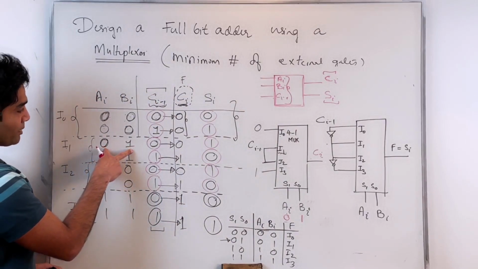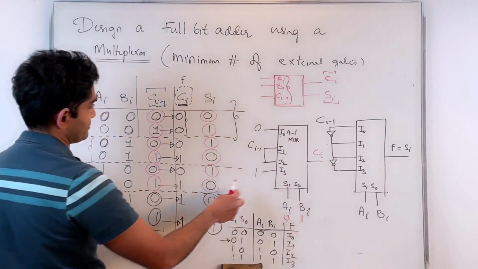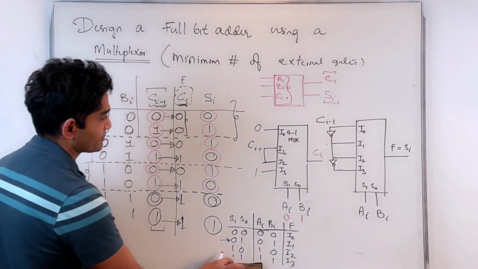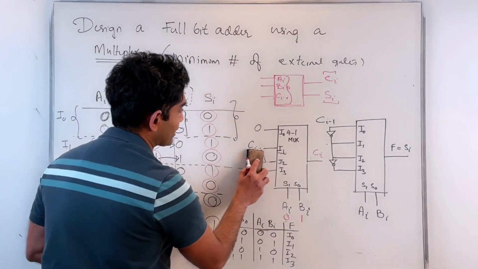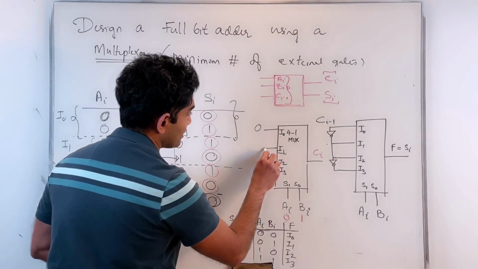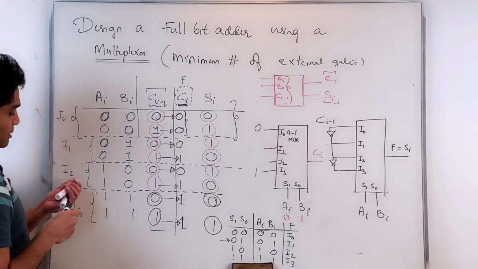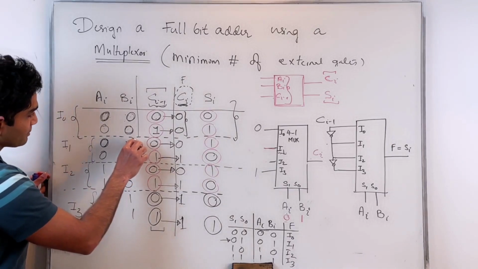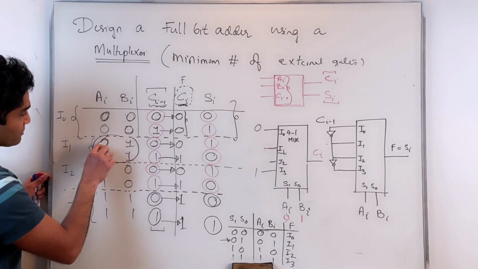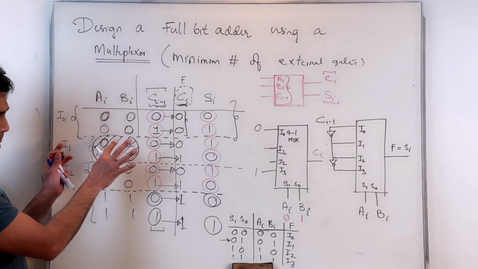When I apply 0, 1, what should I be applying on I1 to get the right Ci? How do I determine that? I would determine that from this truth table. Because these are fixed, let's not worry about them for now. Just ignore them. I fixed them.